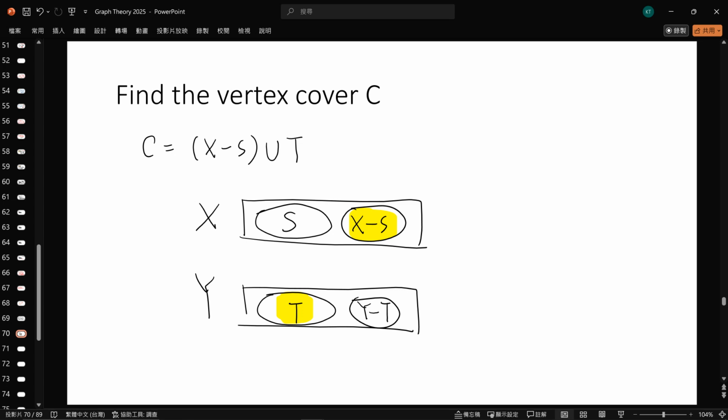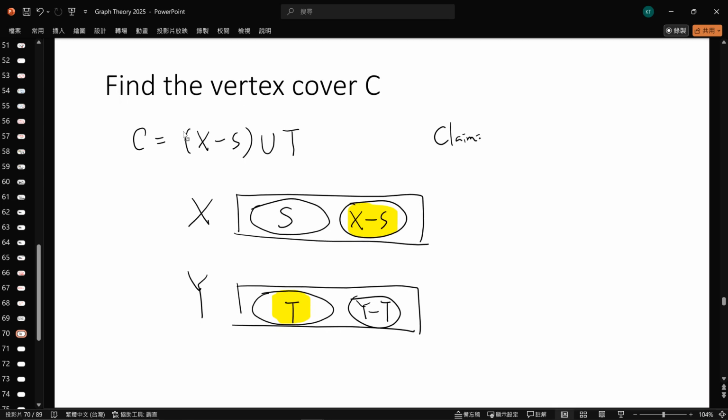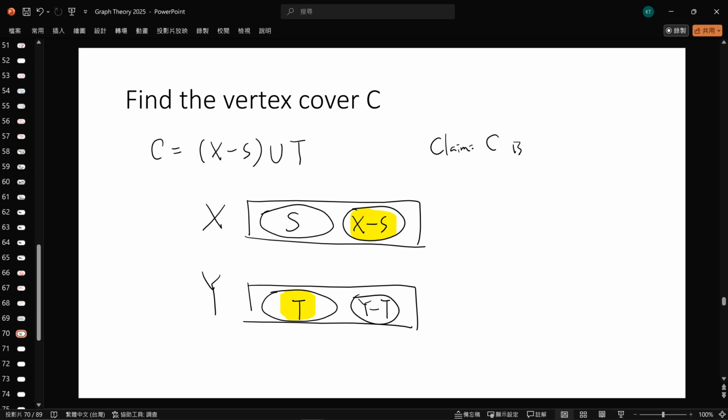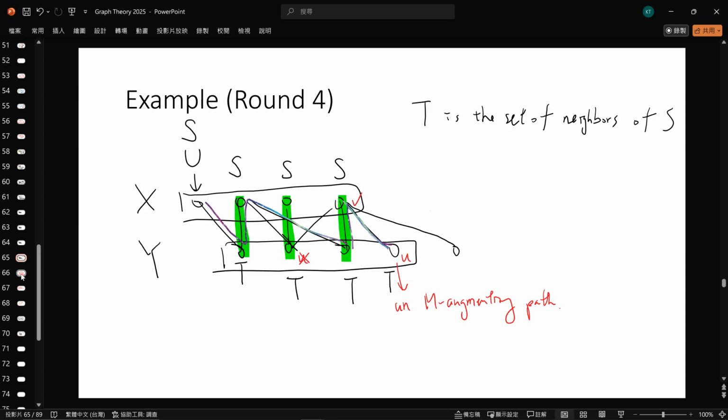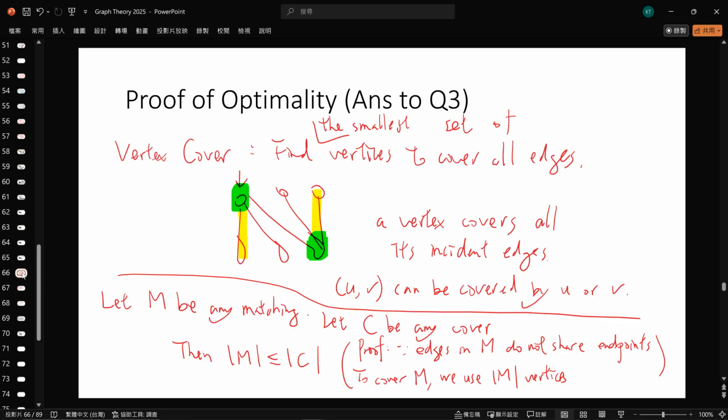And recall that this is a bipartite graph, so all the edges are between X and Y. Perhaps before we consider the proof, we can consider an example.